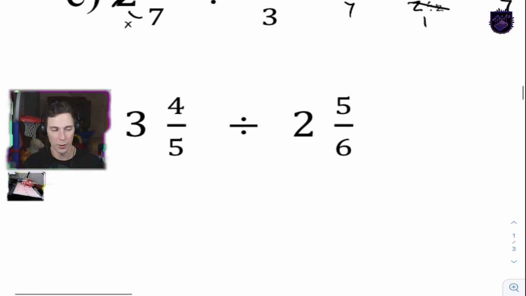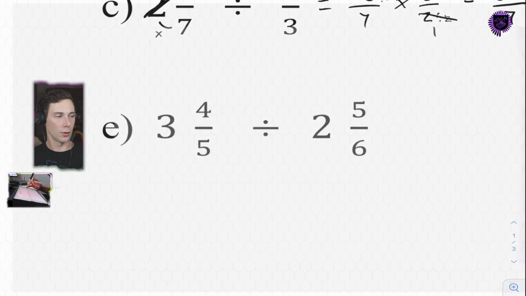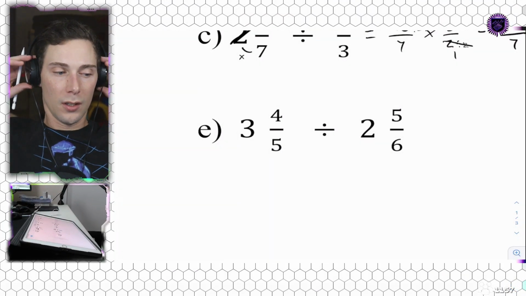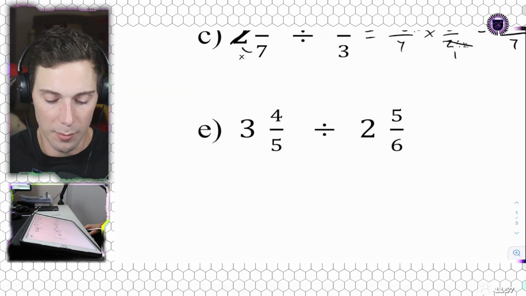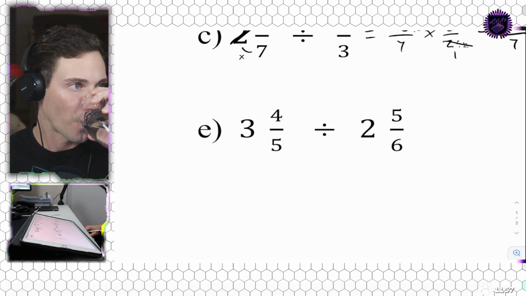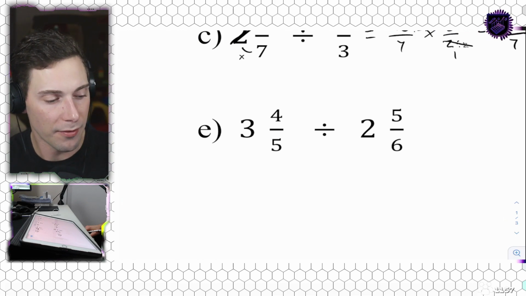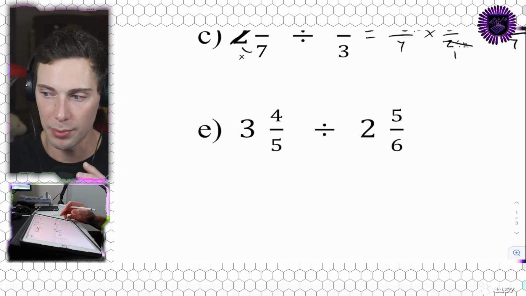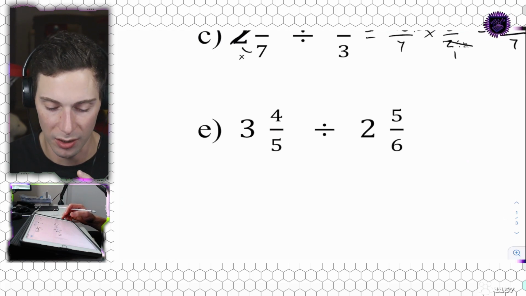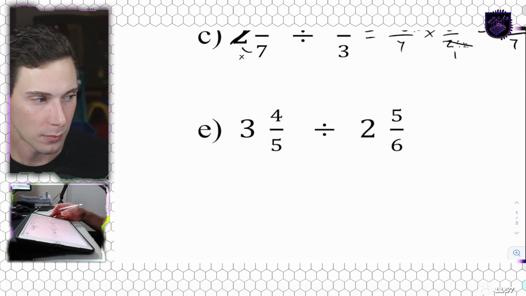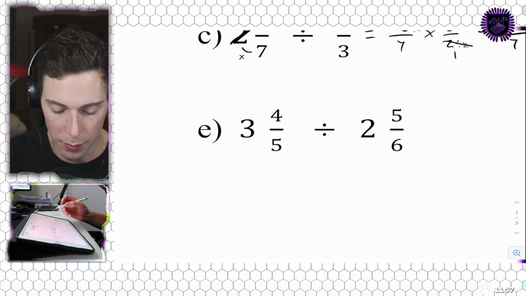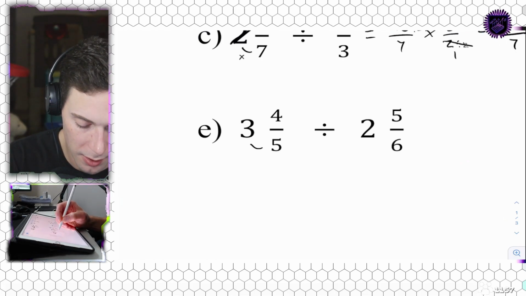E, okay, double. We have 2 mixed numbers. Same stuff, more steps. More complex, not more challenging, just a bit longer. So we're going to multiply.